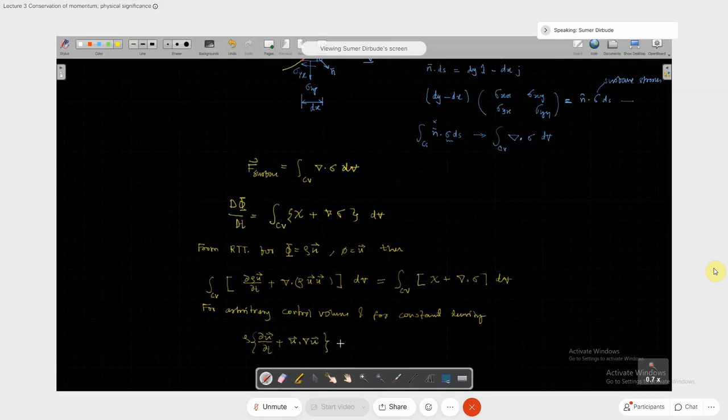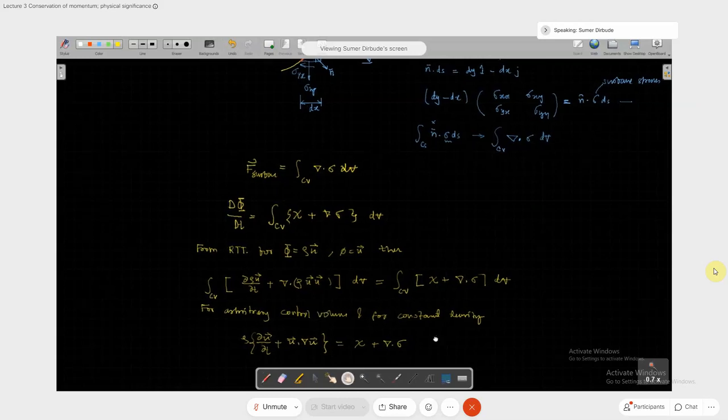Both are equivalent, and this is equal to chi plus del dot sigma. So this is the way we can write it.